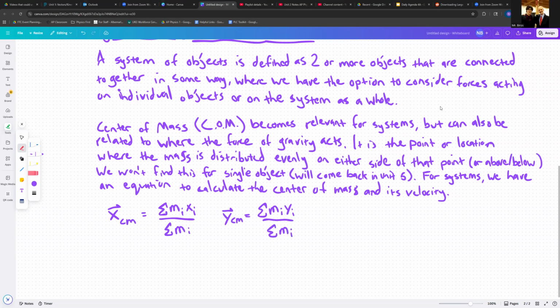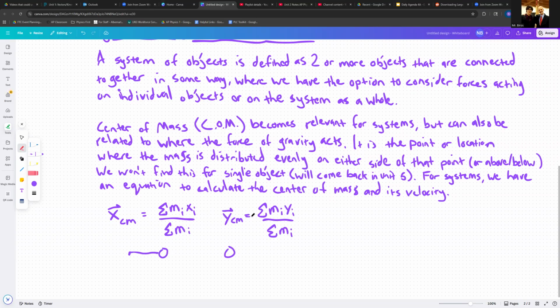Well, on the numerator, we're just summing up each individual mass times its x or y location. We'll do some of this more in class, but I'll give a brief example here. So if you had a location of 0, and I've got object 1 here, object 2 over there, and they're connected.